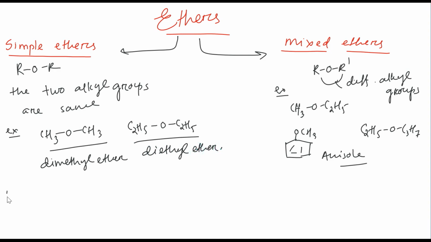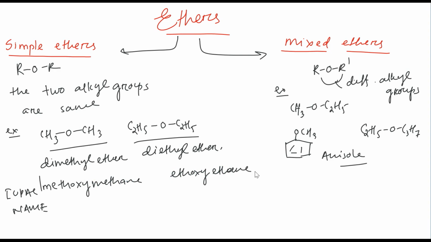If you see the IUPAC name, the IUPAC name for this is methoxymethane, and for this it is ethoxyethane. For this the common name is methyl ethyl ether, or we can say the IUPAC name will be methoxyethane.